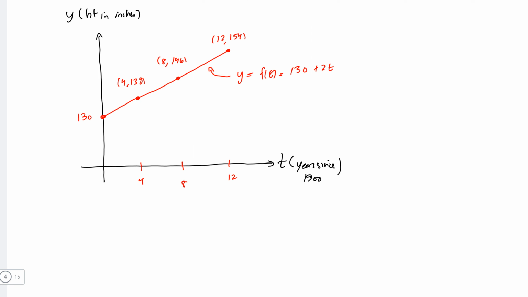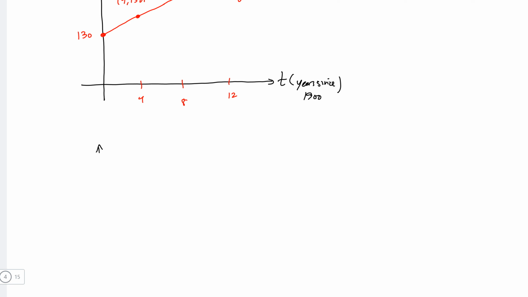Notice if we wanted to just graph the Olympics data, we could do that as well. So the way we could think of this is, well, t and y stay the same. And now let's graph our points. So we'd have this point here at 130, and we have one here, and one here. And so this is at 4, at 8, and at 12.